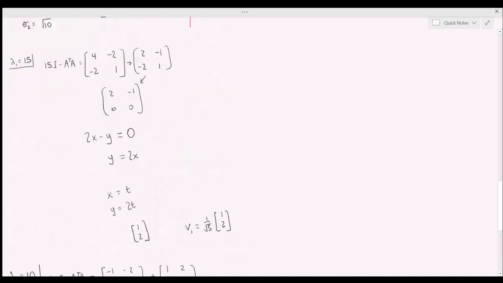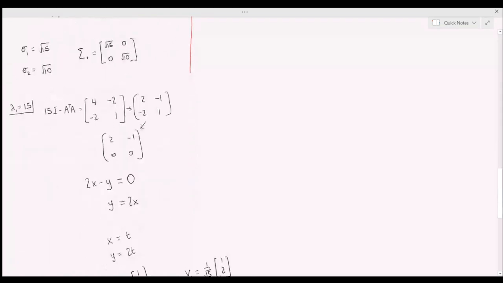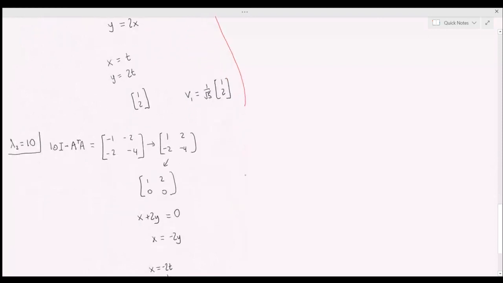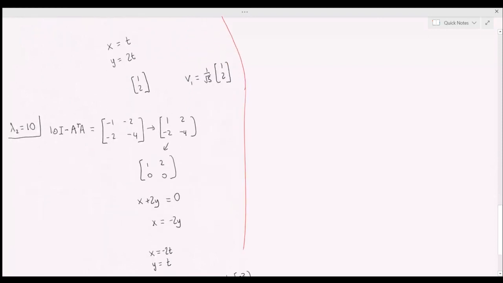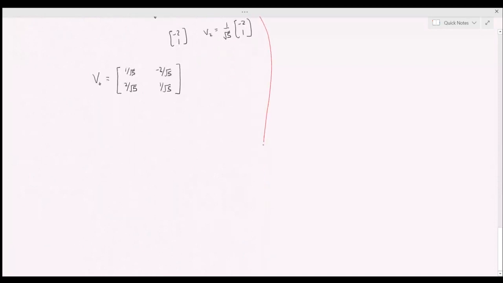We also had the matrix sigma plus from earlier. So the last thing we need to do is we also need to calculate the matrix U plus. So we'll do that. Okay.